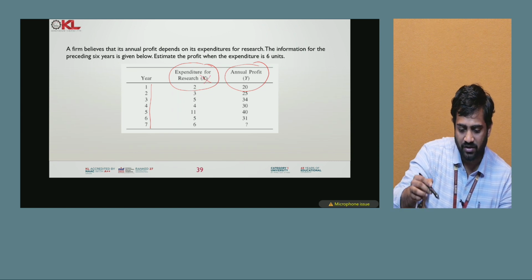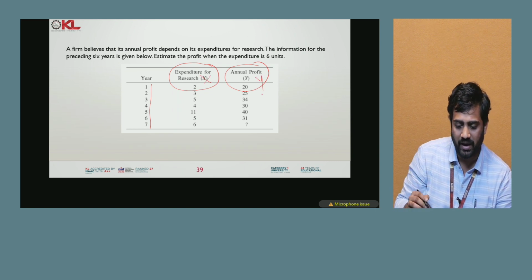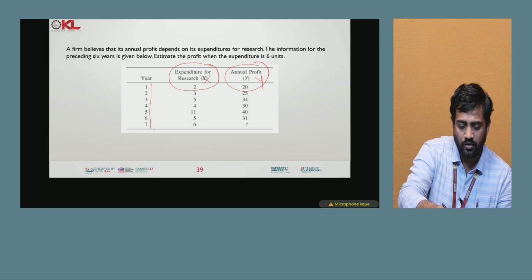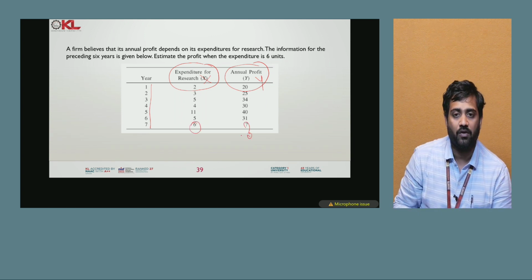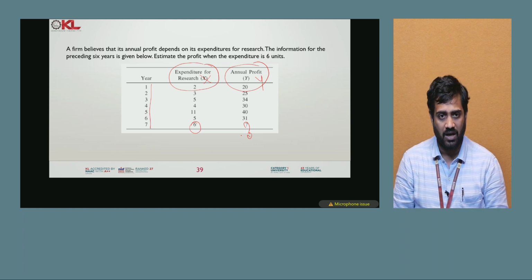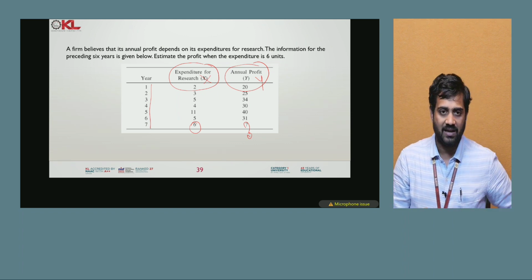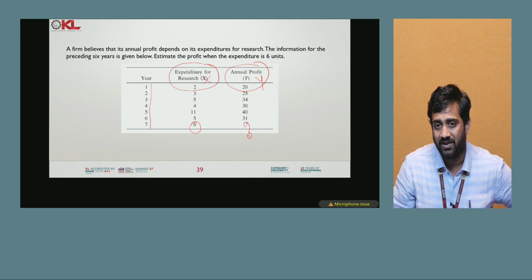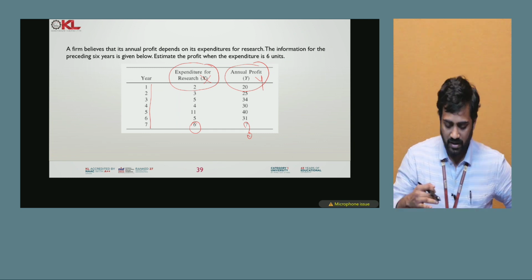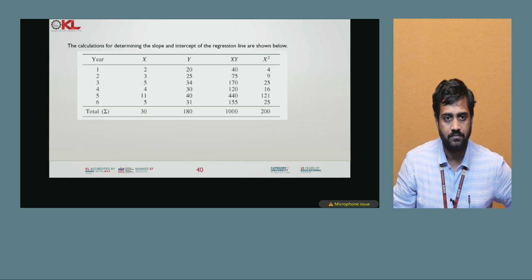Expenditure for research is denoted with x and annual profit is denoted with y. For the 7th year we know the expenditure, but we don't know the annual profit. That we have to estimate using linear regression. For the 7th year, for 6 units of expenditure, what will be the annual profit? That we can estimate now.